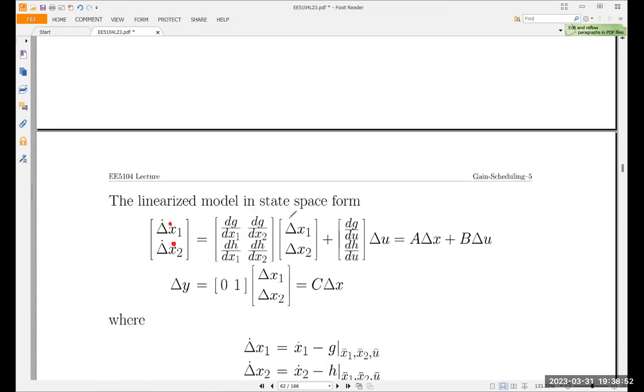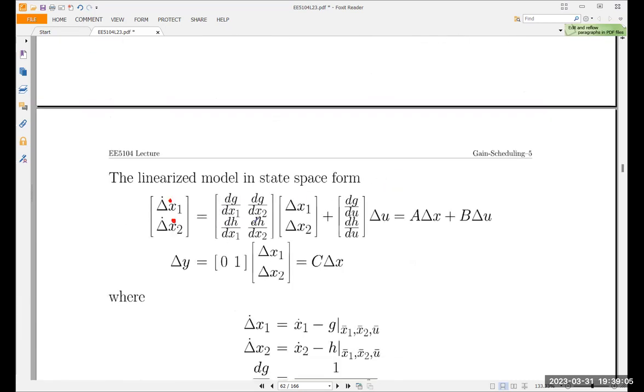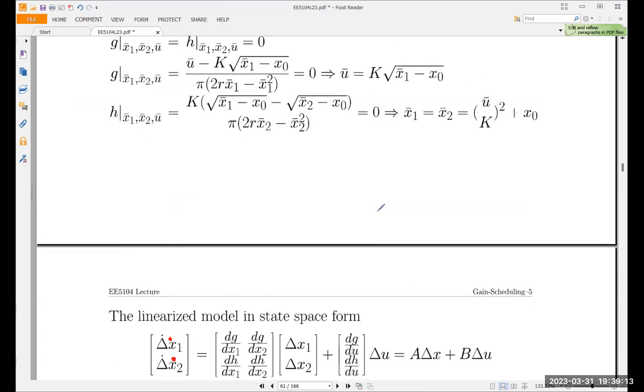You see, this is delta x1, delta x2, dg dx1, dg dx2. So this will be this one. Then this will be this one times this one. Then add this one times dg du. This one is dh du.